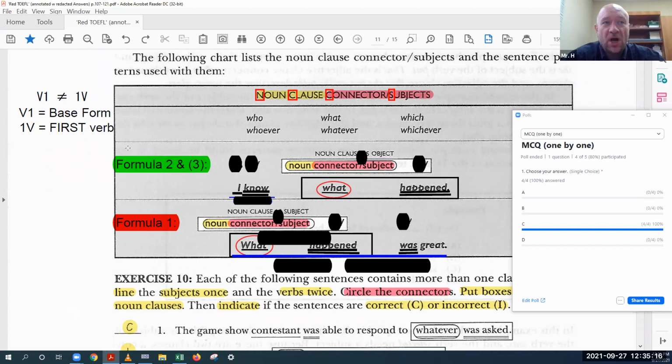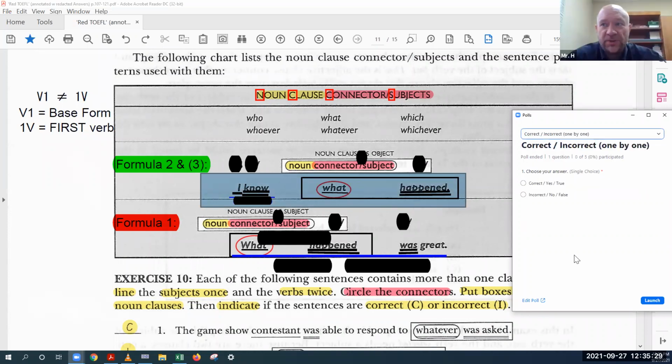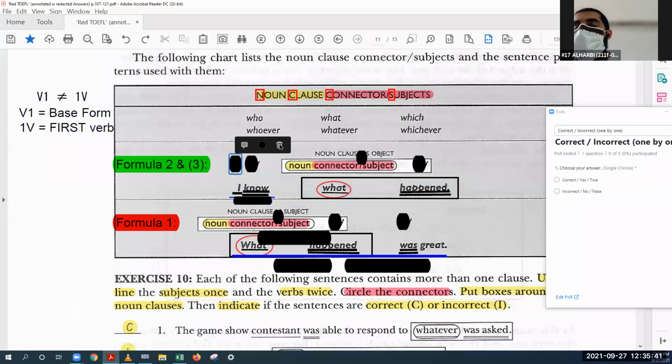Al-Harbi, let's start with formula 2 and 3. Read the example and use the formula. I know what happened. Okay, can you use the formula to explain it? I is a subject. Know is a verb. Which subject and which verb? First subject, first verb.